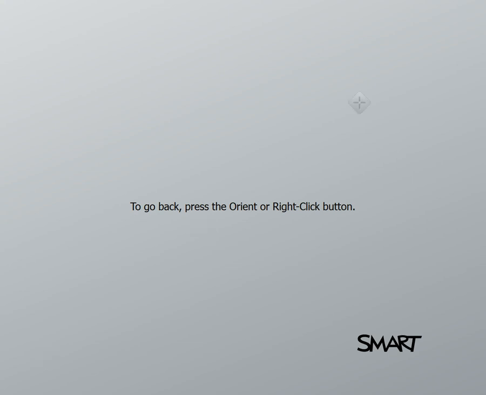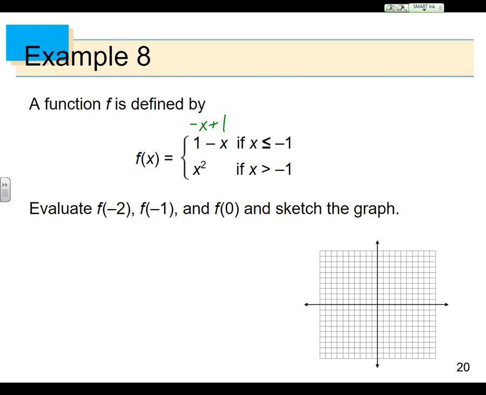All right, let's try that again. So I'm going up 1. Oh, so much better. Okay. So I get this nice line right here.